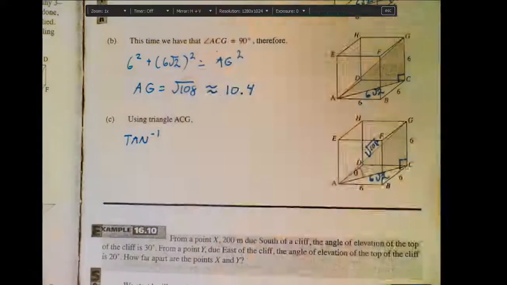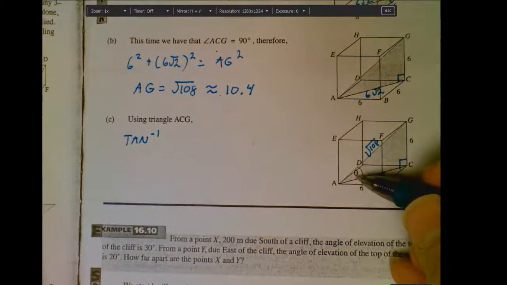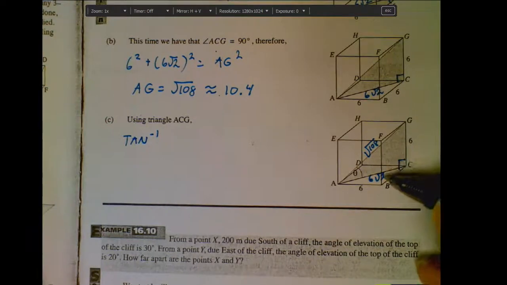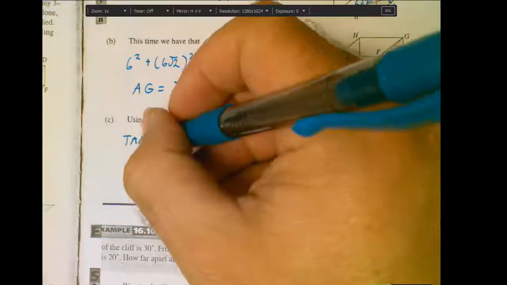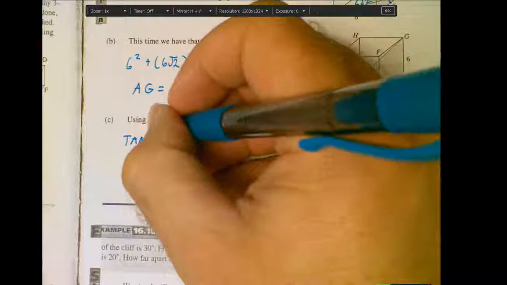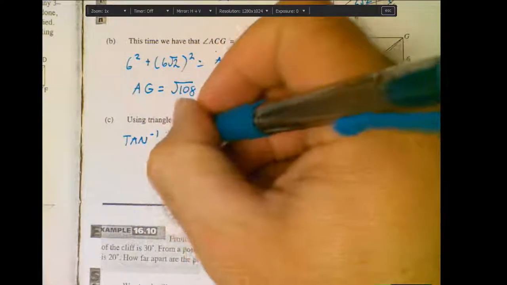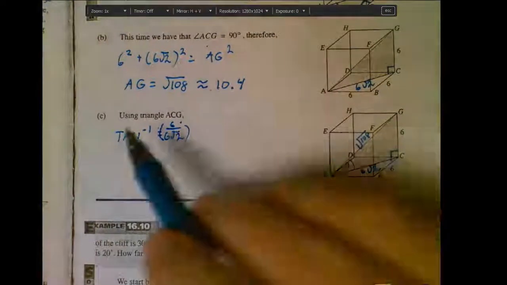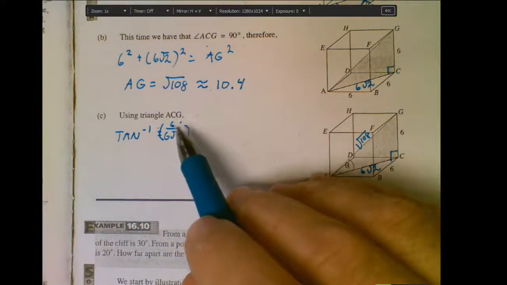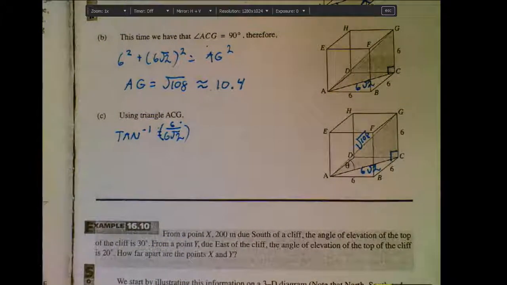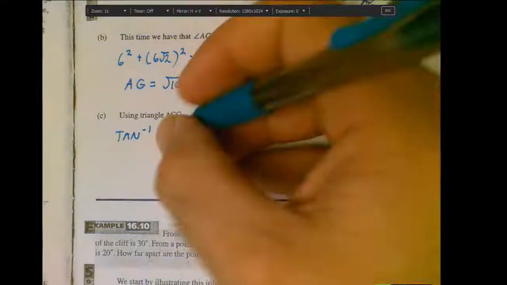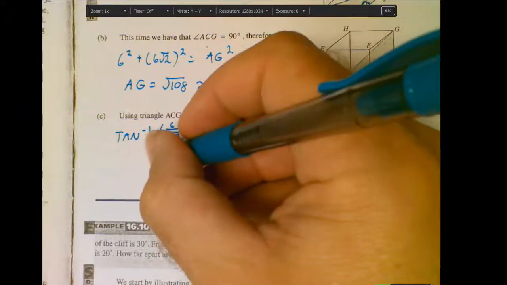We're going to use an inverse tangent function since I'm looking for an angle measure, and tangent is opposite over adjacent. So we're looking at the inverse tangent of 6 over 6 root 2. If we go into the calculator and type in the inverse tangent of 6 over 6 radical 2, we get our angle, which is about 35.3 degrees.